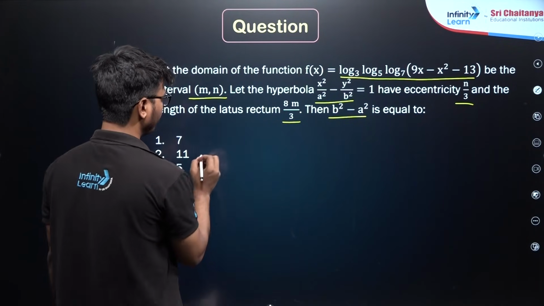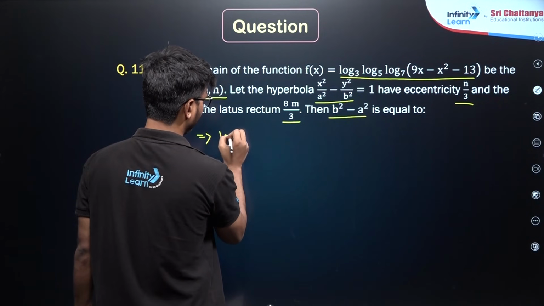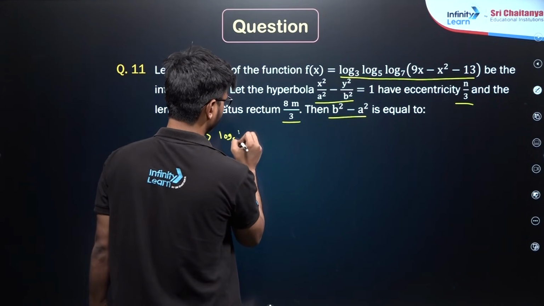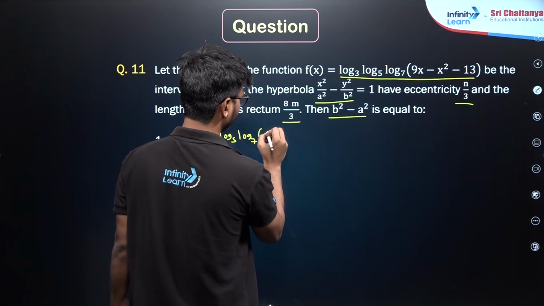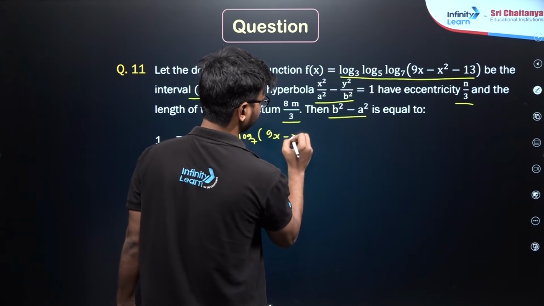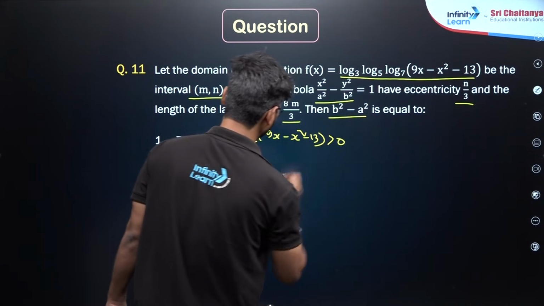So we know how to find the domain of the log function. So it is going to be log of 5, log to the base 7, and 9x minus x square minus 13 is greater than 0.